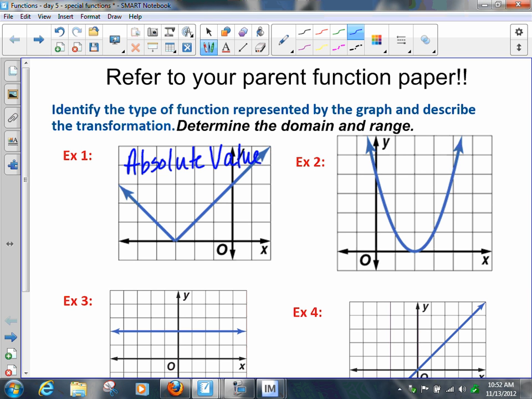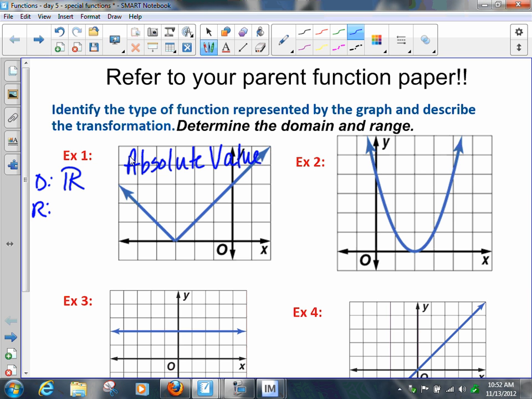If we had to determine the domain and range for this, think about all the x values. What would be all of the x values that would encompass this? All reals. And you can put that double R thing. That's totally fine.